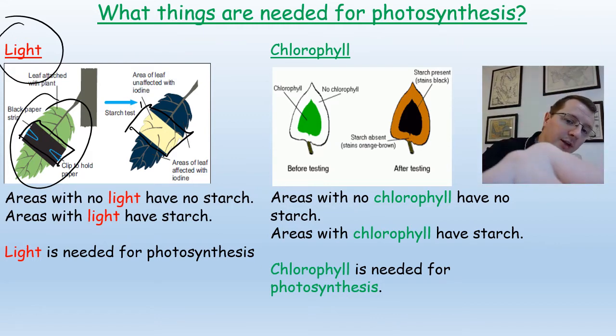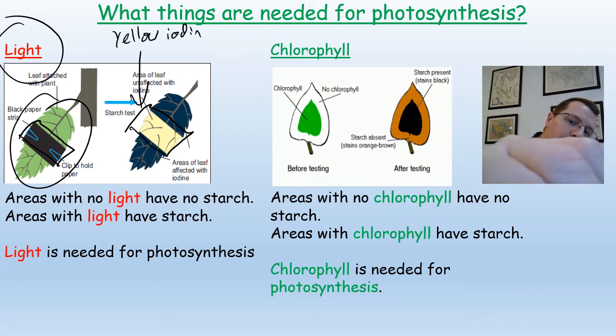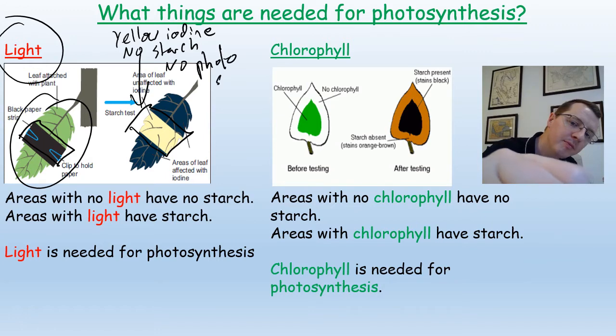So you might be asked to label this in an exam. So the first thing you need to say is that the iodine is yellow, and that means there is no starch and therefore no photosynthesis.